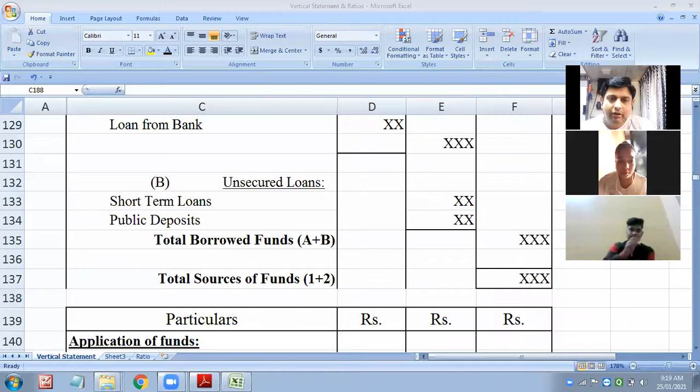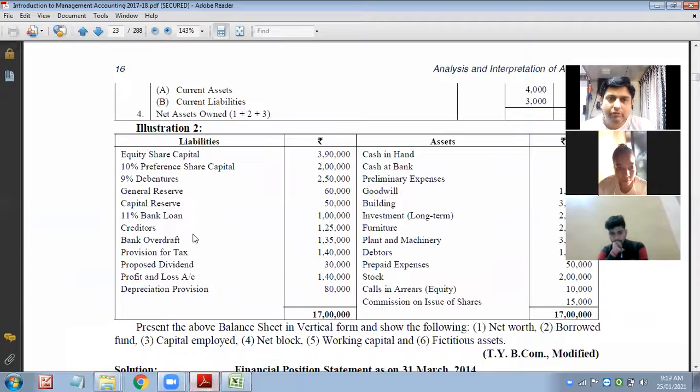Vertical balance sheet, and we have seen we need to learn this format effectively, and then easily we can give the answers which are asked in the question. So we have seen question number 2, which is on page number 16, asking: what is net worth, what is borrowed fund, what is working capital, what is fictitious asset, what is net block.